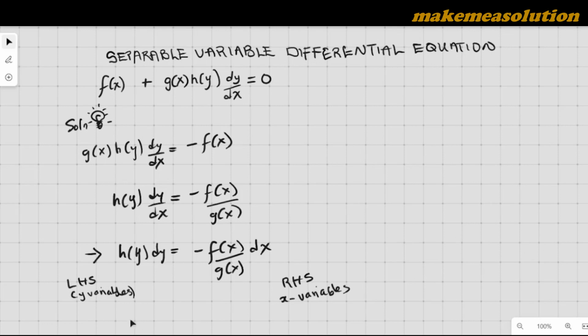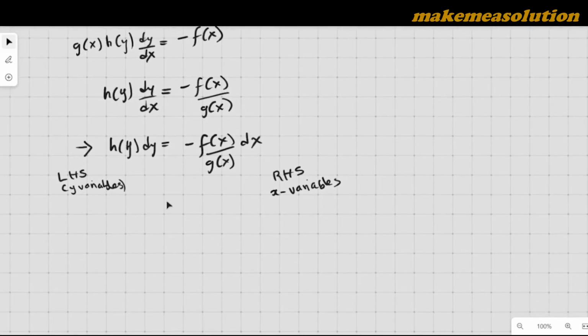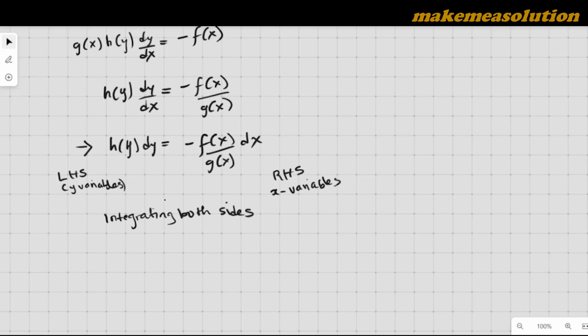Is that okay? So this is not all. Now that you have separated the variables, we are going to integrate. So we usually integrate both sides according to the variable of interest that is predominant in a particular side. Now on the left hand side, we are already integrating h of y with respect to y, and on the right hand side we are integrating f of x over g of x with respect to x.